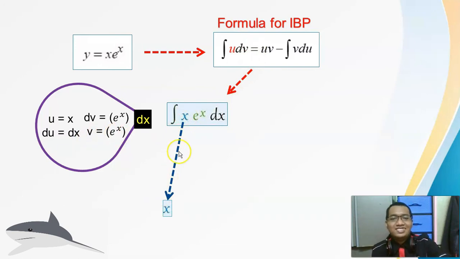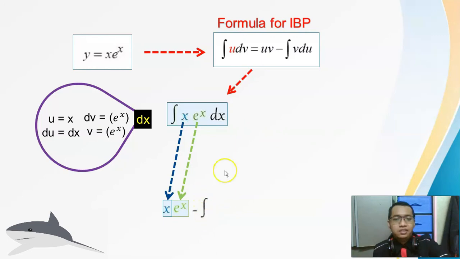I wrote it down too fast. This u, which is x, and v is e to the power of x, we write it down here.